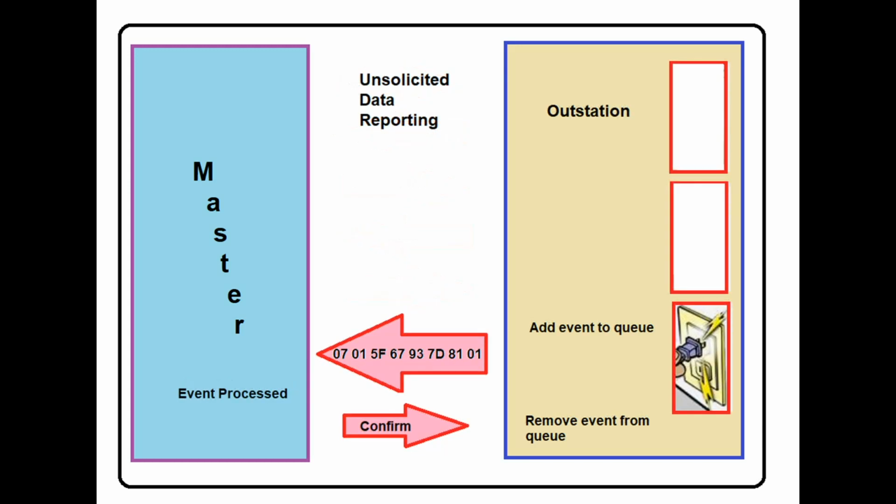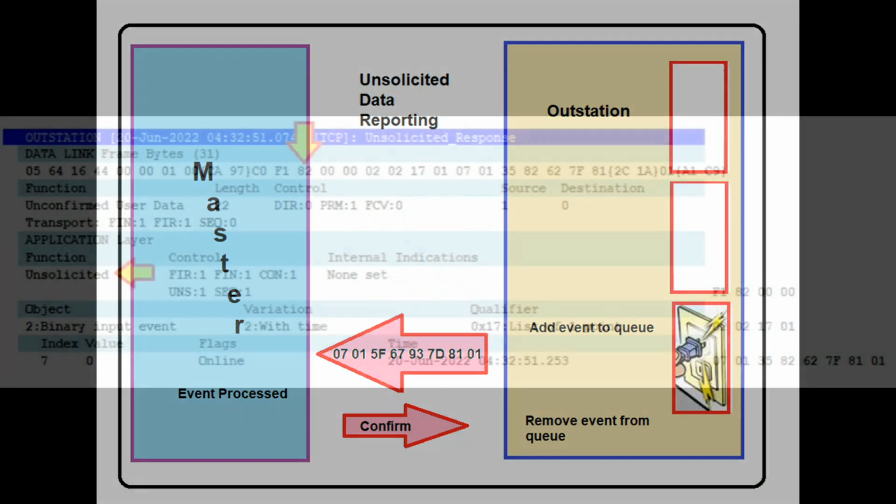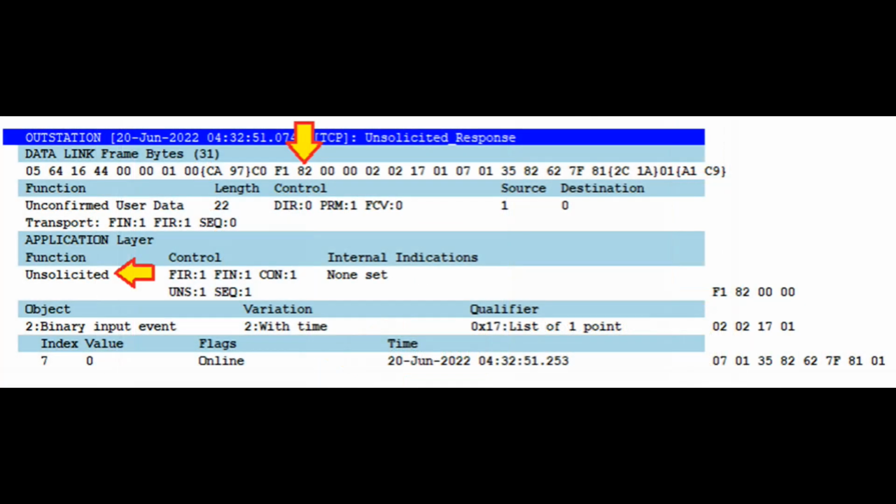In an unsolicited sequence, the outstation sends an event message to the master spontaneously, that is, when it wants to, without being asked. This unsolicited message looks almost exactly the same as a solicited message, with the only differences being: 1.